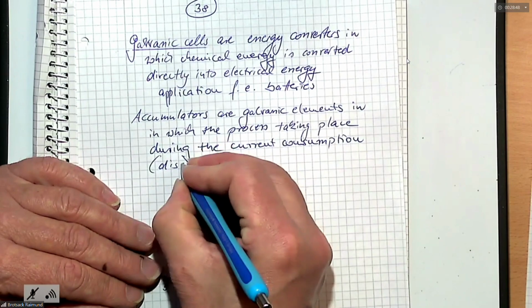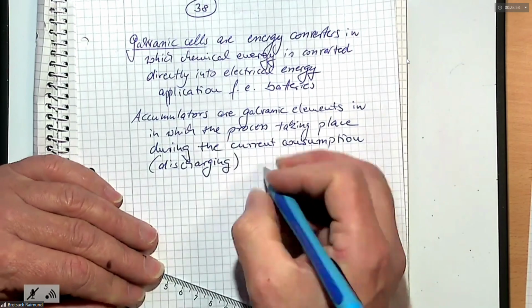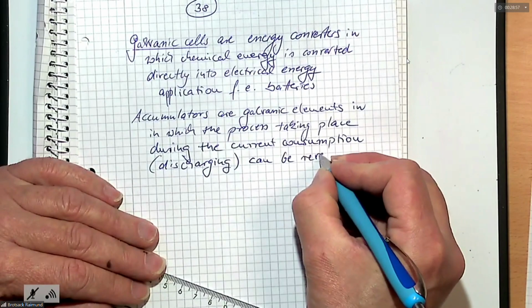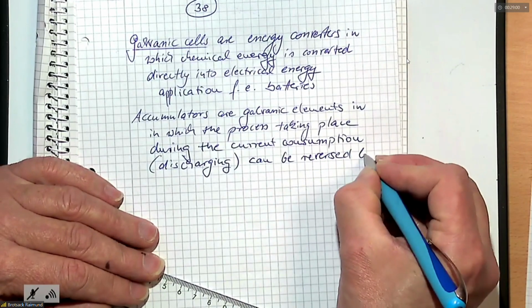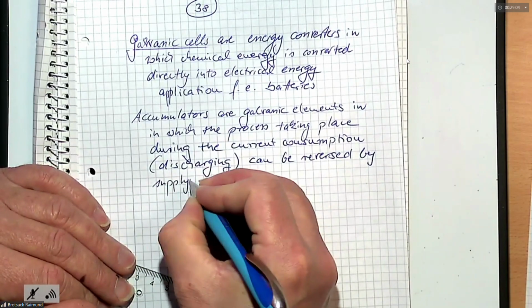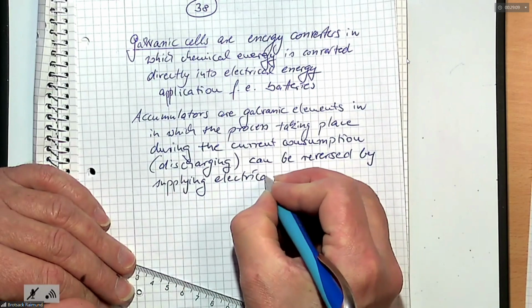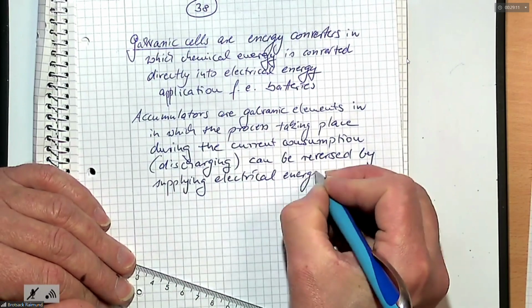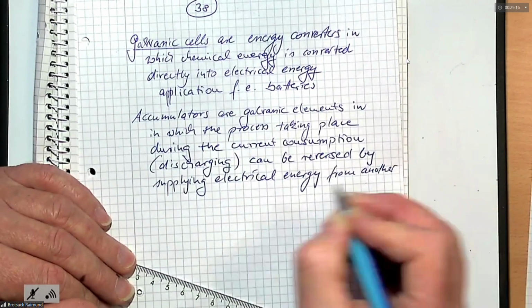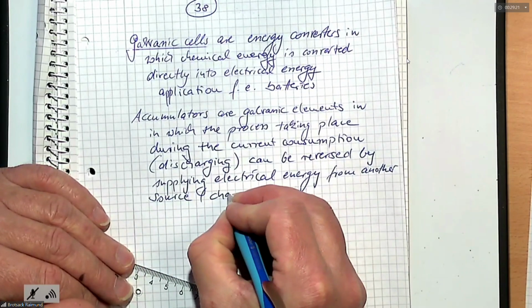We call it discharge. Discharging can be reversed by adding electrical energy from another source. And this is what we call charging.